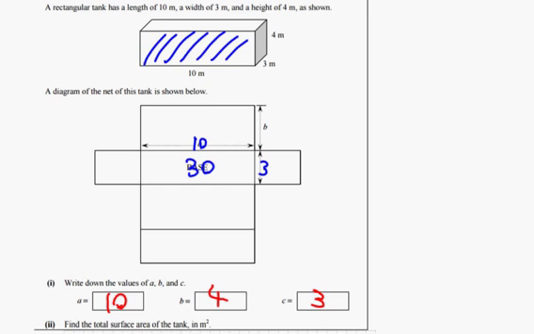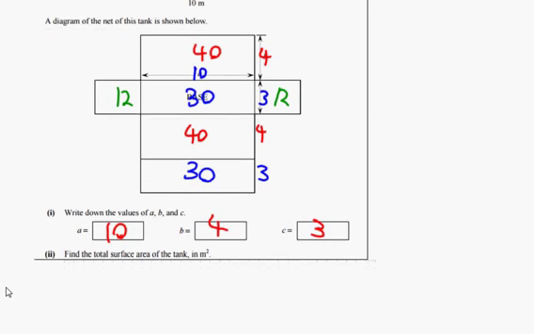The one above it is 10 by 4, which is 40. The one below that will be 40. And then the one below that 30. The one to the right 4 by 3, 12, and the other one to the side 12, and you have to show yourself adding them all together.